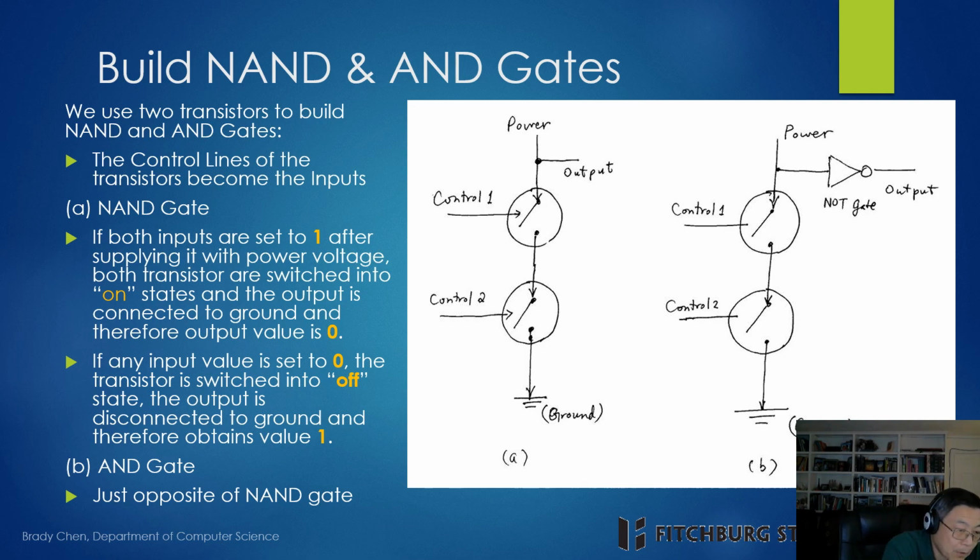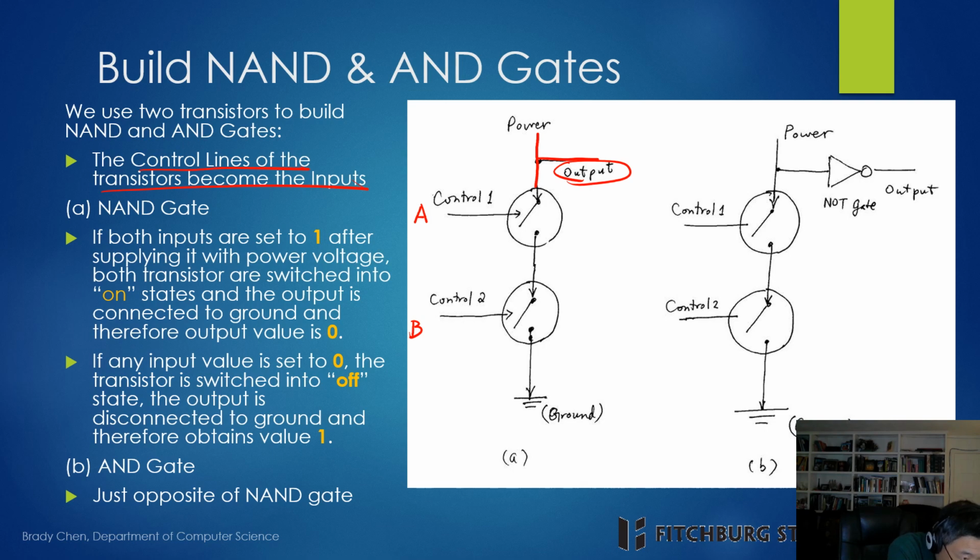We have transistor 1, which has a control line 1, and we call this control line A. The bottom transistor has a control line 2, we call it B. The control lines of the transistors become the inputs. The collector side of transistor 1 connects to the power source, and is also defined as the output for the NAND gate.